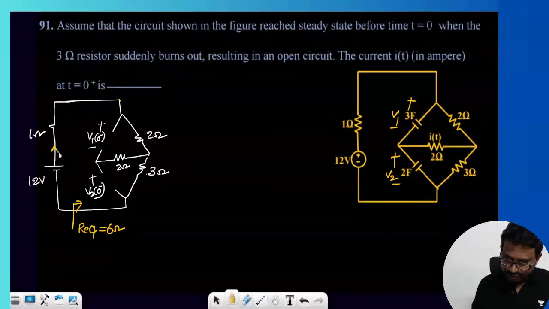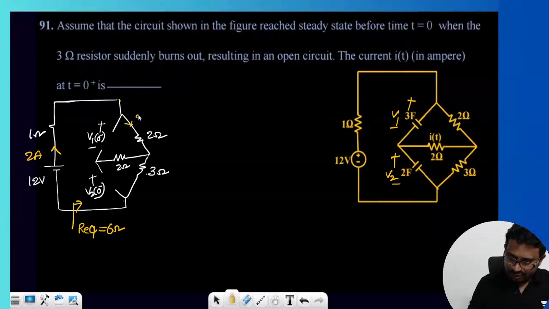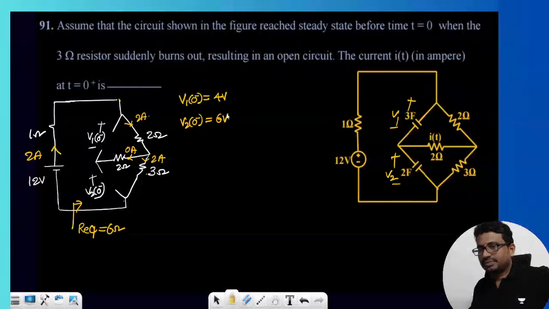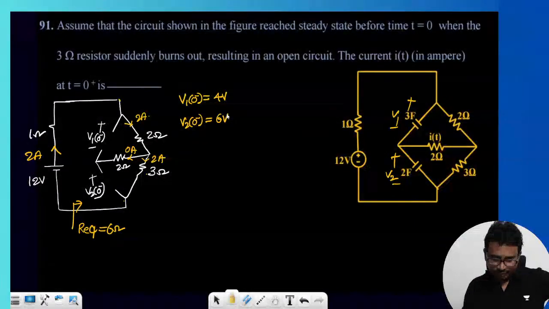So the initial current is 2 amps, and this current is also 2 amps, and here the current is 0. So V1 of 0 minus is 4 volts, and V2 of 0 minus is 6 volts. These are the initial values.